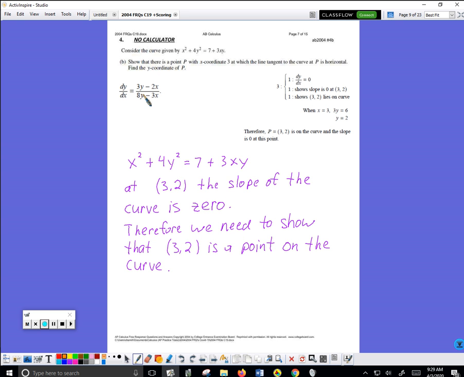It's possible for a curve to have a slope formula that says, oh, the slope is 0 at (3, 2), and then this point isn't even on the curve. So the last thing they require you to do is show that you have found that this is not only the xy coordinate that will cause the slope to be 0, it's also the xy coordinate that is actually a point on the curve.